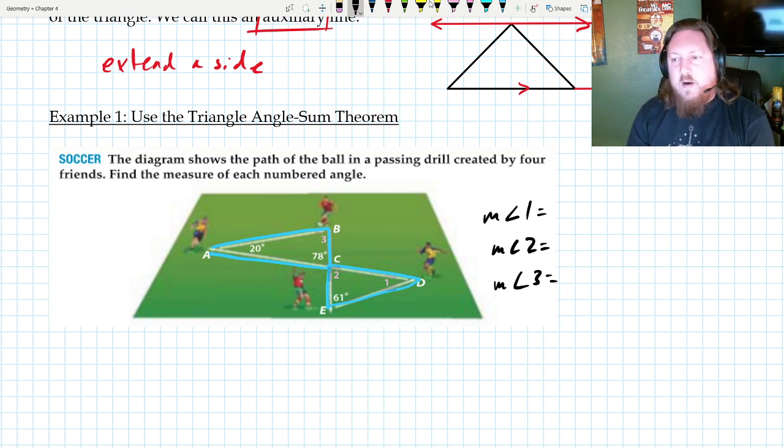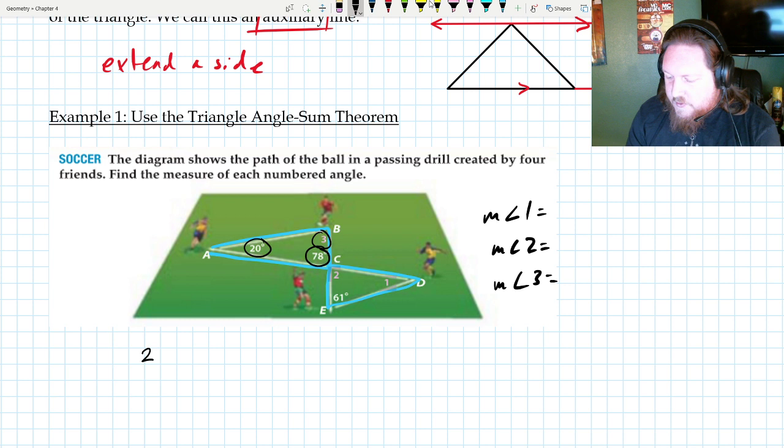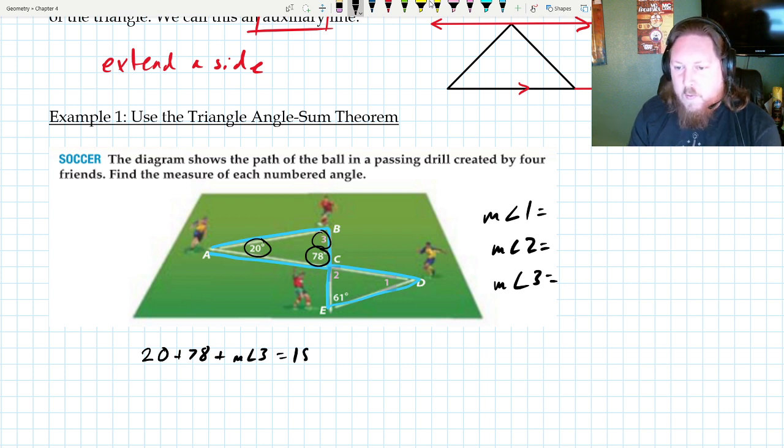Usually it's good to start at angle 1. In this case, it's not. I'm actually going to start at angle 3, because if you take a look here, I have two of the three angles for triangle ABC. So I know that those three angles, 20 and 78, and the measure of angle 3 need to add up to be 180. 20 plus 78 is 98.